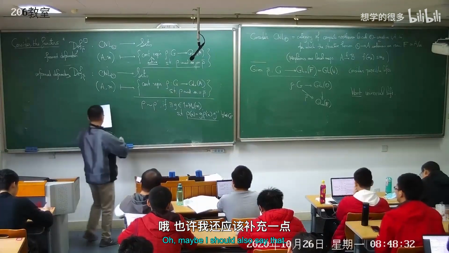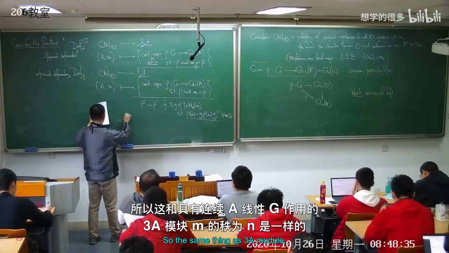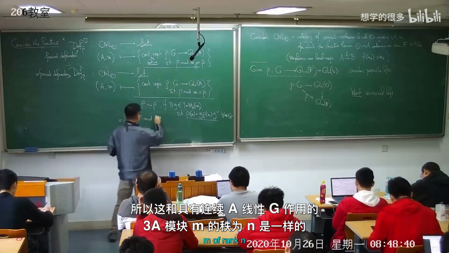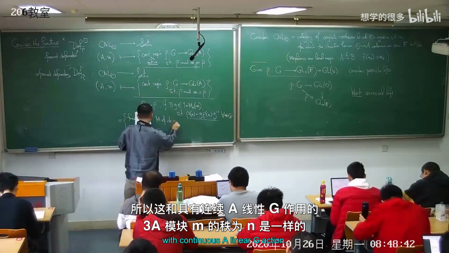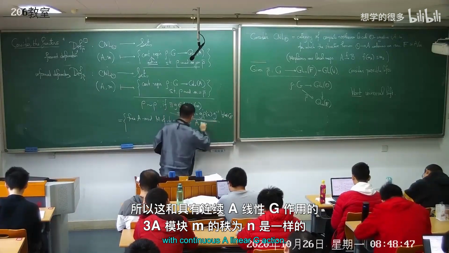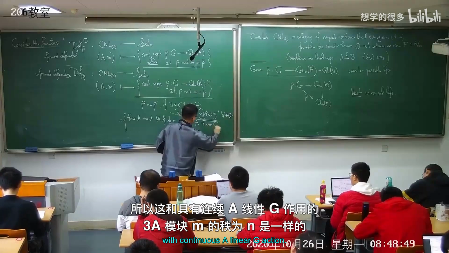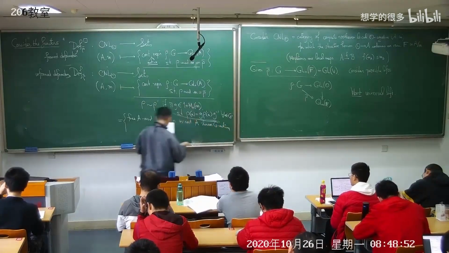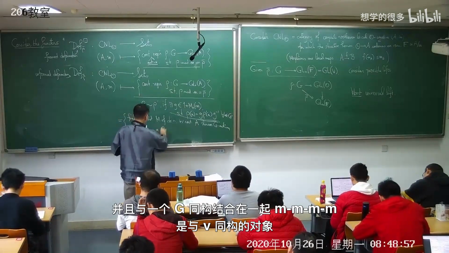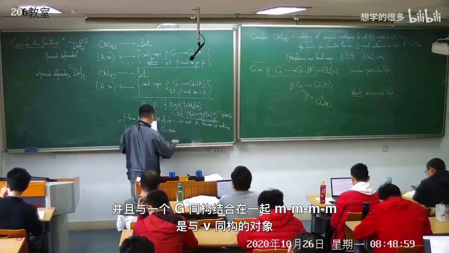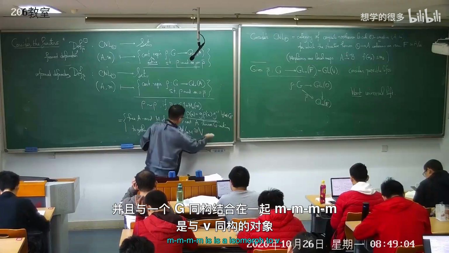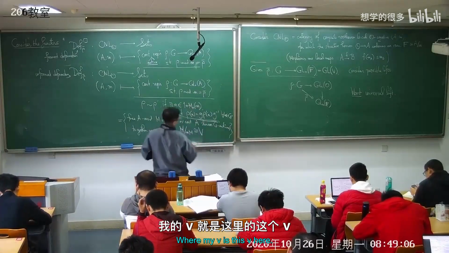Maybe I should also say that this is also the same thing as a free A module M of rank n with continuous A linear G action, together with a G isomorphism M mod m_A M is isomorphic to V, where my V is this V here.